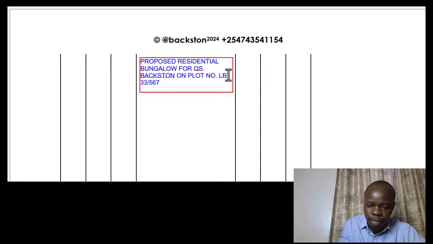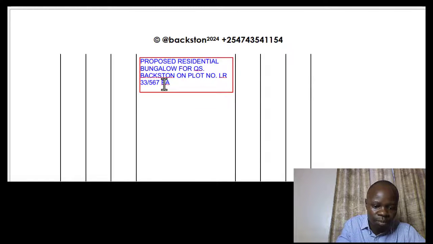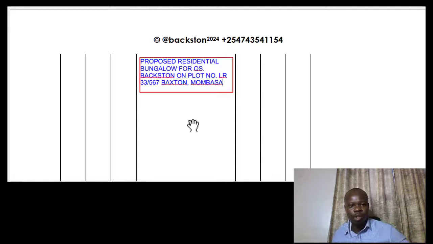Buxton, Mombasa. So this cuts across. It applies to any other project that you have.